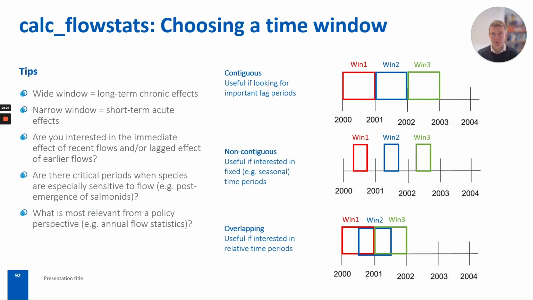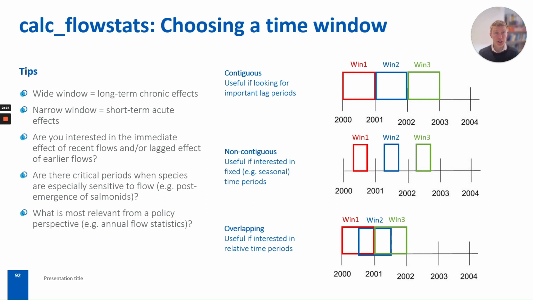Now, when we're using this function, we have to think about those different window settings. So we have a lot of control over the definition of that time window. We might, for example, choose a relatively wide window if we think that our biological receptor of interest responds quite slowly to antecedent flows and/or we want to consider the long-term chronic effects of changes in flow.